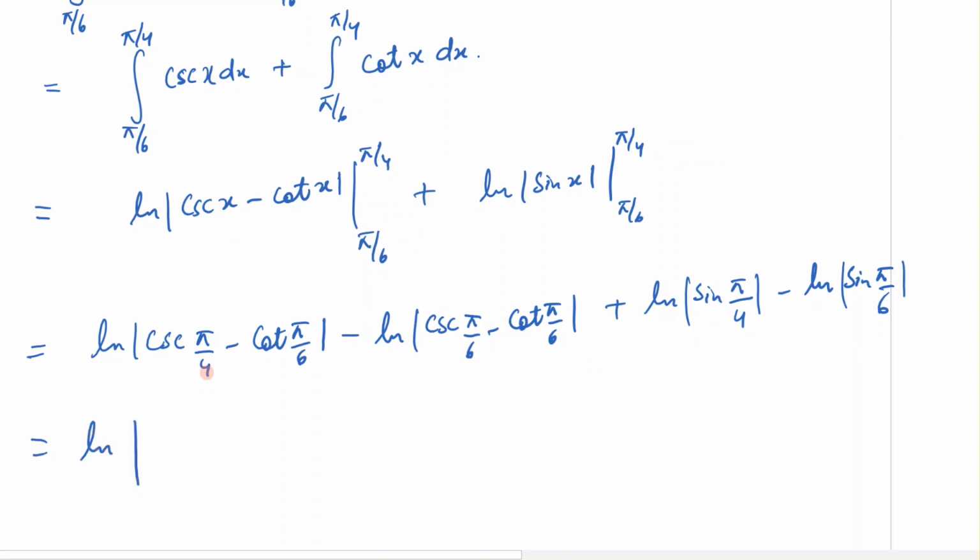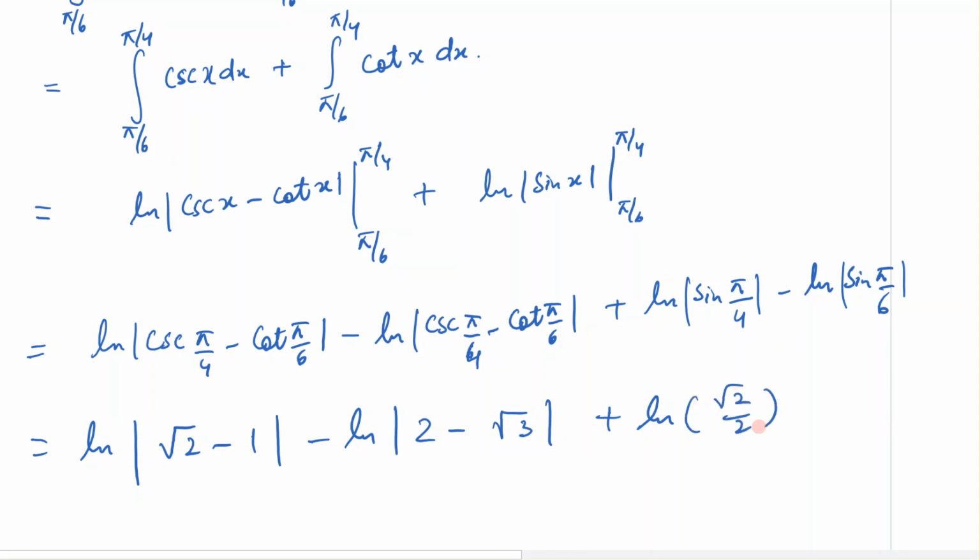ln of cosecant pi over 4, which is square root of 2, minus cotangent pi over 4, which is 1, minus cosecant pi over 6, which is 2, minus cotangent pi over 6, which is square root of 3, plus ln sine pi over 4, which is square root of 2 over 2, and minus ln sine pi over 6, which is 1 over 2.